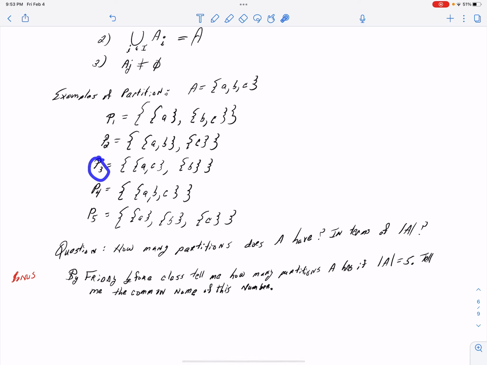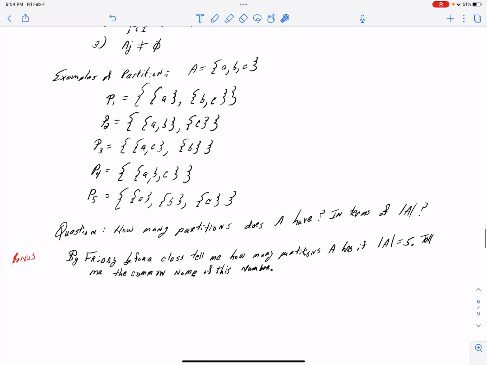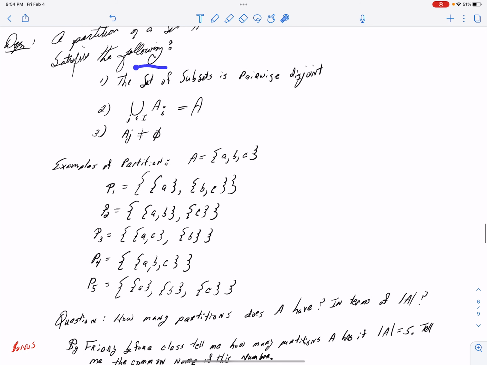Partition 3 might be the set {a, c} and the set {b}. Partition 4 is oftentimes forgotten. It is the set {a, b, c}, so I have just the set itself. That fits the criteria for a partition.